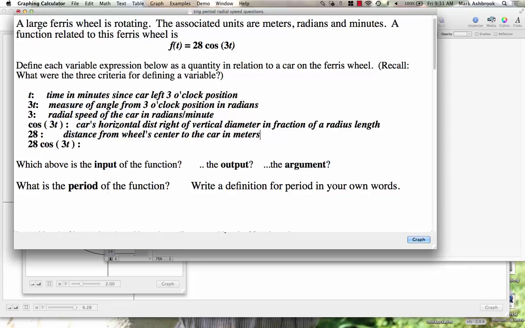This would be in meters. This is a huge Ferris wheel, but there are some that are this big. 28 meters, that's like an 8-story building, right? There are many in the world like this. So that's the distance from the wheel center. This is basically the radius length in meters.